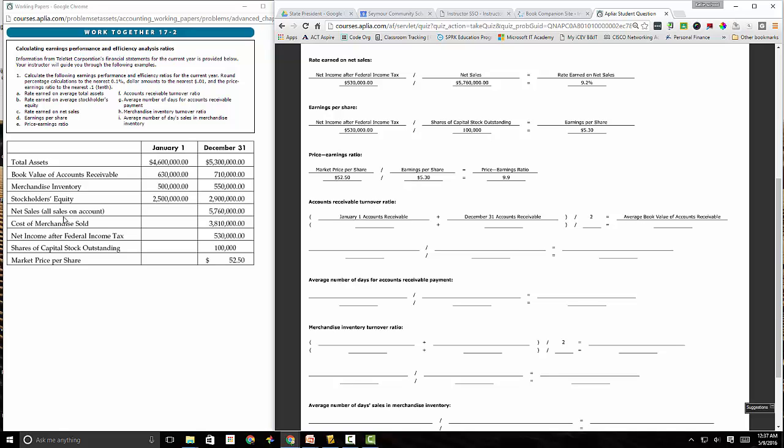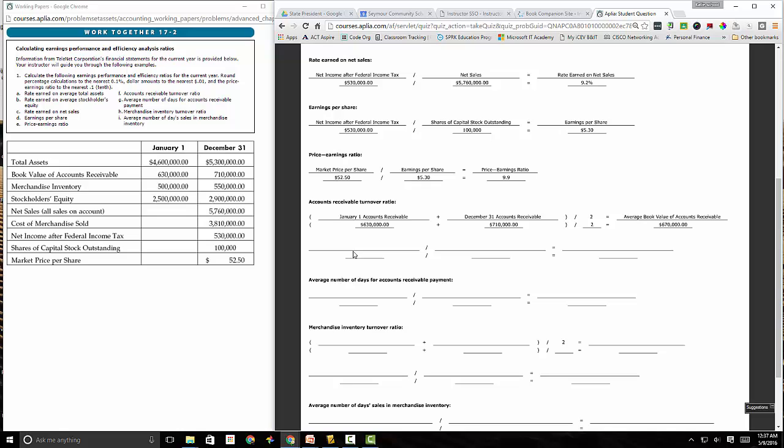My January 1st accounts receivable is going to be $630,000. December 31st, which you see right here, it's going to be $710,000. Divide by 2, plug that in your calculator, which gives me an average book value of accounts receivable of $670,000.